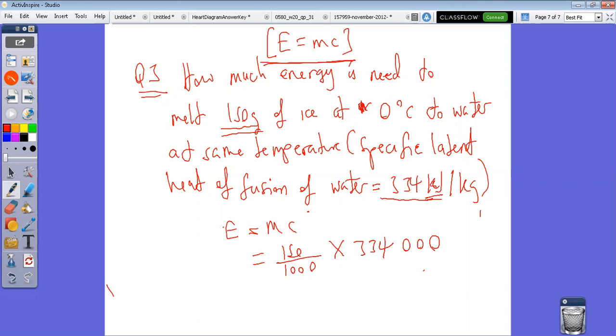Specific heat capacity should be in joules per kg per degree Celsius. And what do you get? Answer? 50,100 joules.